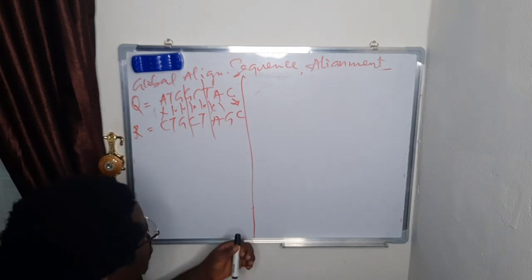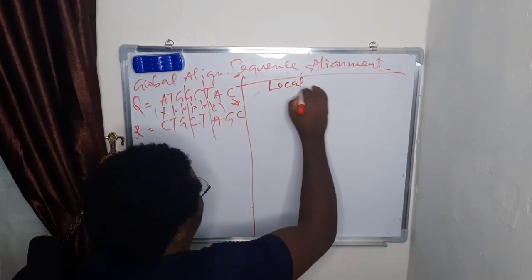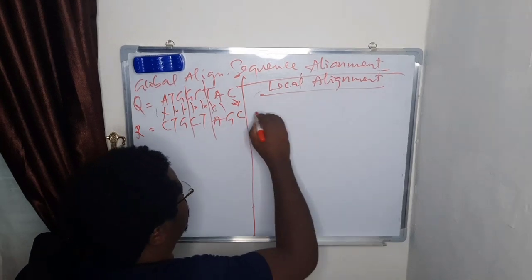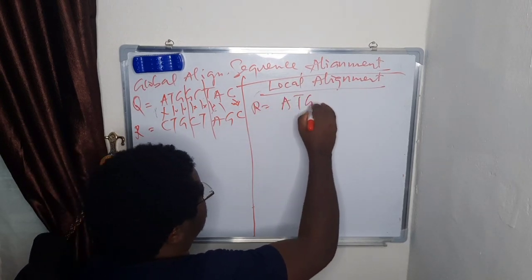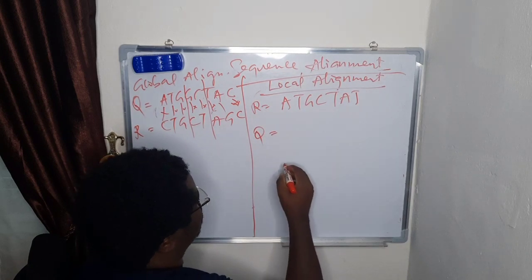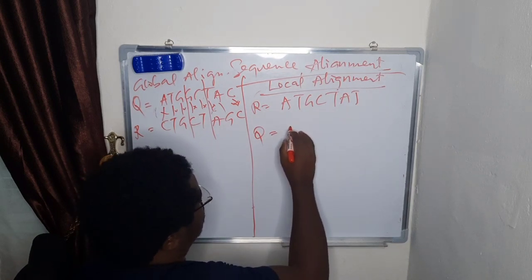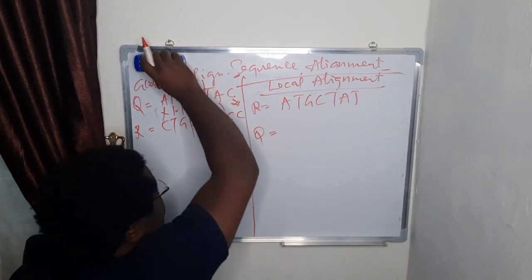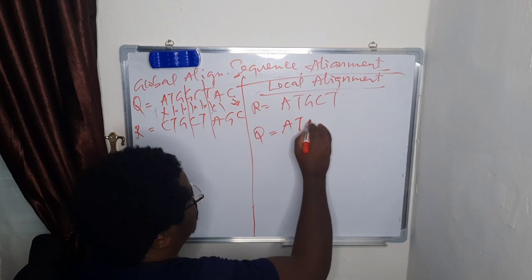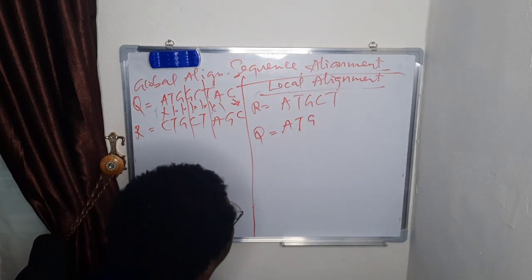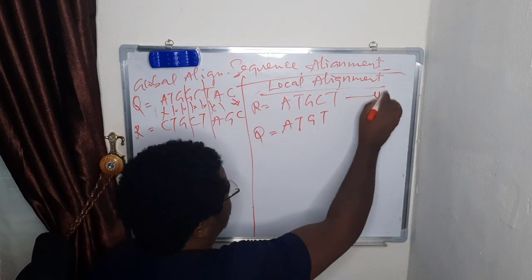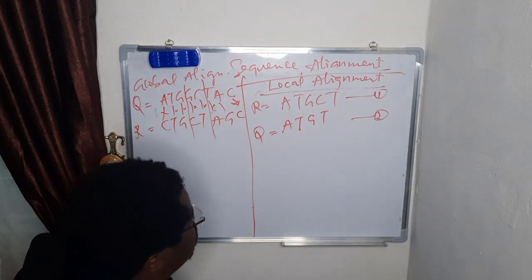So for local alignment, if this is your reference sequence, say A, T, G, C, T, A, T, then you have your query sequence, let's say A, T, G, C, T, positions 1, 2, 3, 4, 5. Call this 1 and this 2.